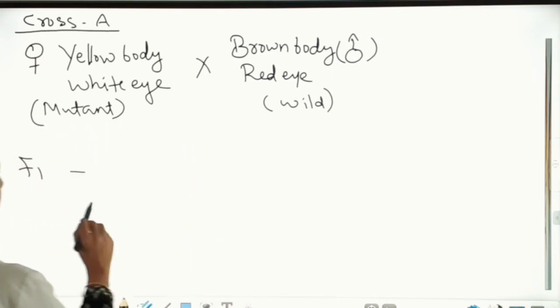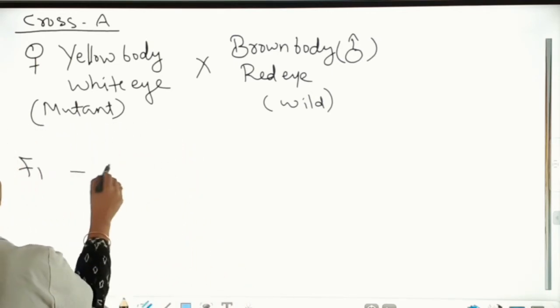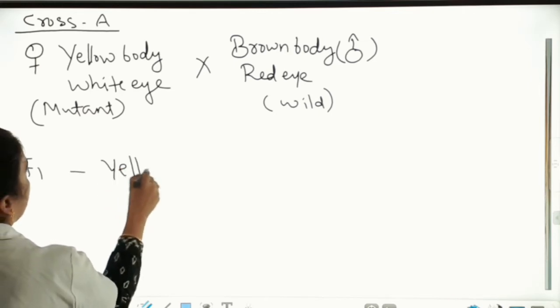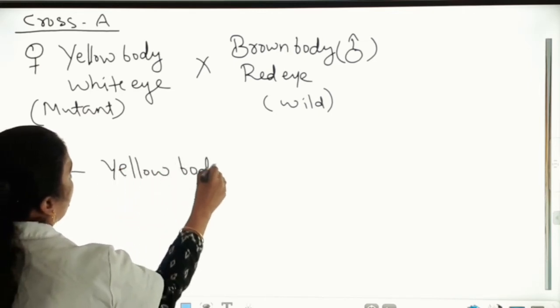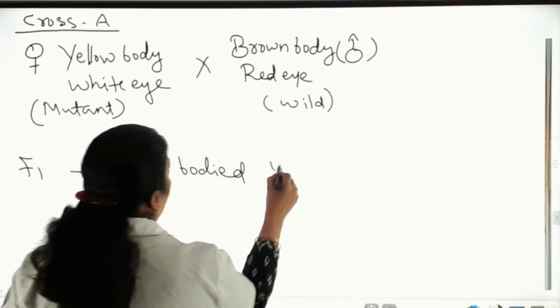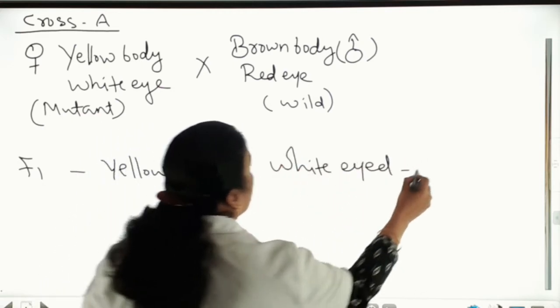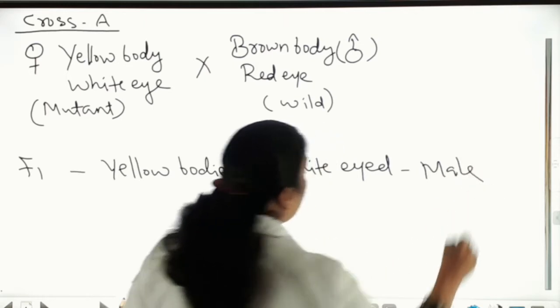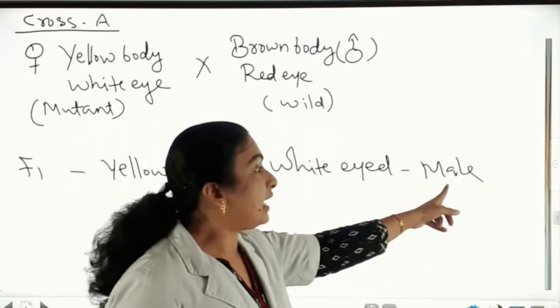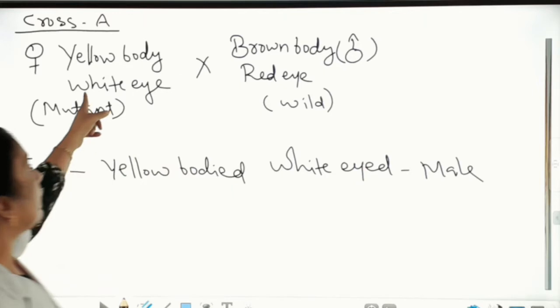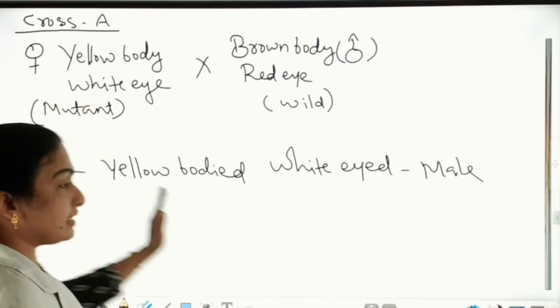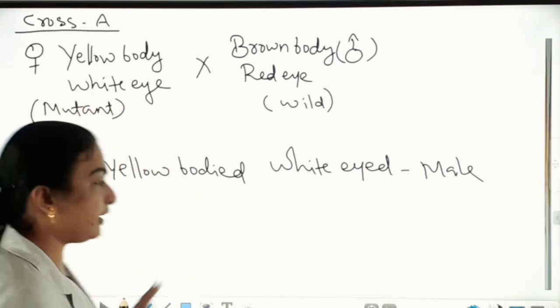The yellow-bodied, white-eyed offsprings are male. So in the offsprings, the male are showing the female parental characters. This is his observation.